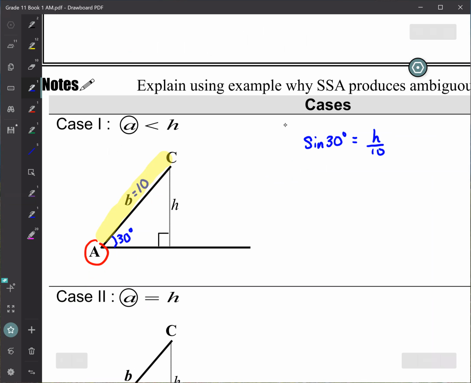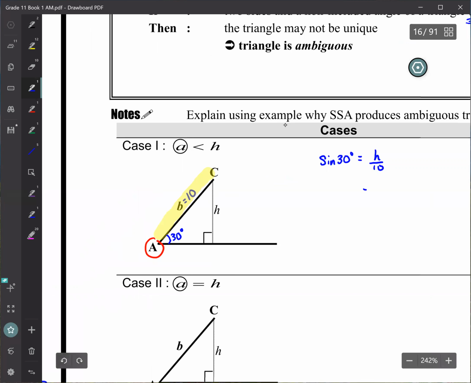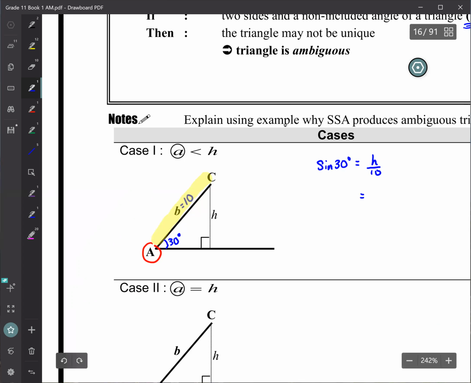Those two numbers are just numbers I made up right now. So if you want to find the height, sine 30, you can type it into the calculator. Eric, can you help us type into the calculator? What's sine 30? 0.5.